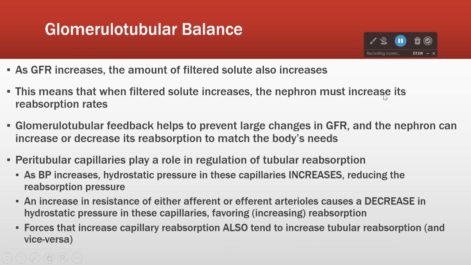And then that last point: in general, forces that tend to increase capillary reabsorption also tend to increase tubular reabsorption, because it's the same processes, right? The material in the nephron tubule, in the lumen, is undergoing many of the same forces that we encountered in the capillary. I think of this particular point as a fairly deep and esoteric concept, which I'm not terribly interested in you knowing a ton about, right? Short version is this.